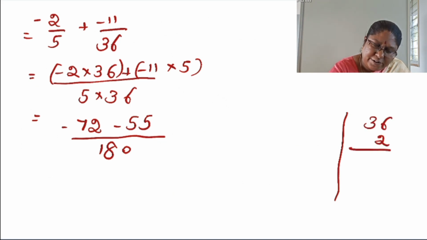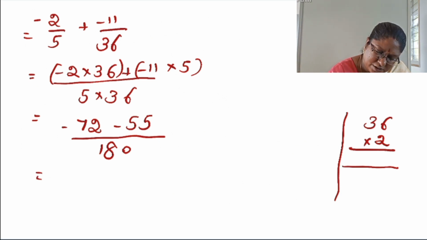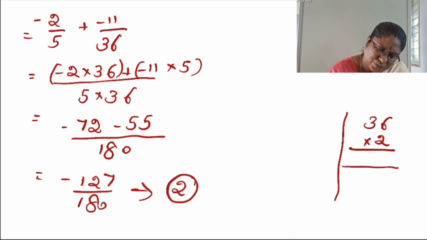By the side you can do the multiplication, calculate it and write it. So what are we getting now? Minus 127 by 180. This is equation 2. Now 1 and 2 are the same. So like this we have proved the associative property.